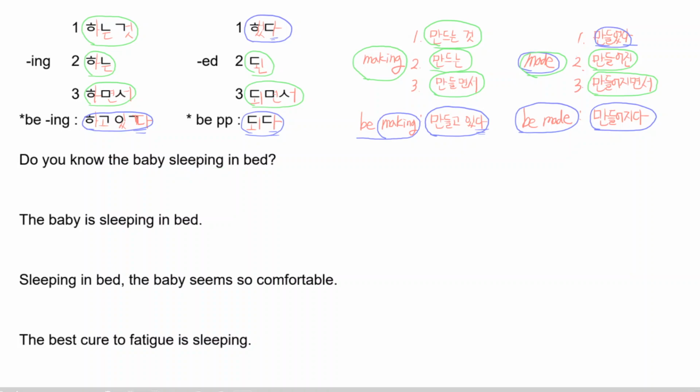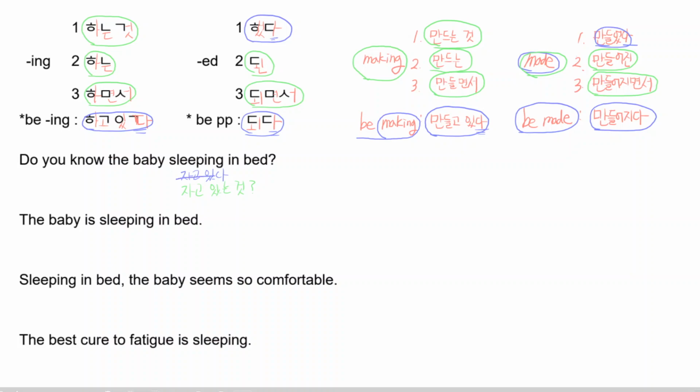How would you mark it? Do you think this ends with 다, like 자고 있다? Or 자고 있는 것? What do you think?